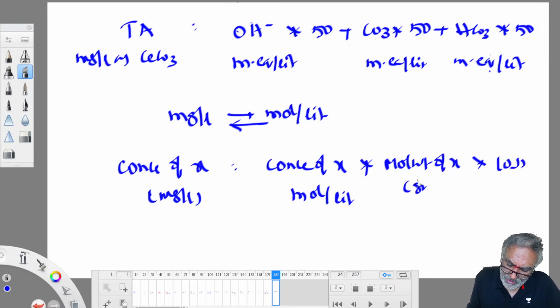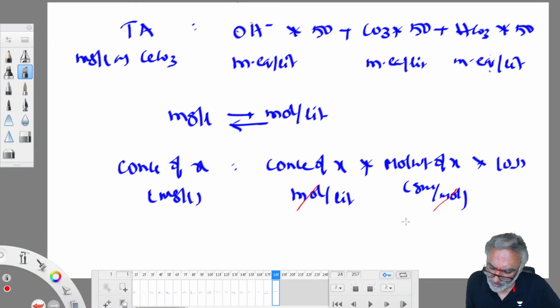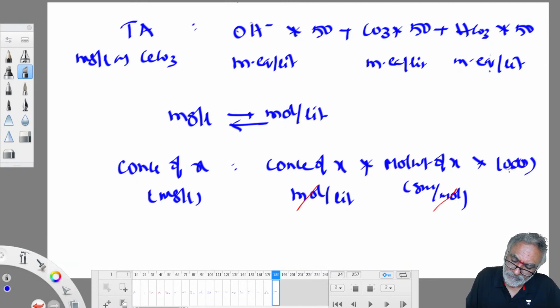Molecular weight has units gram per mole, so moles cancel. We are left with grams per liter. To convert grams into milligrams, we multiply by 1000. Understood?